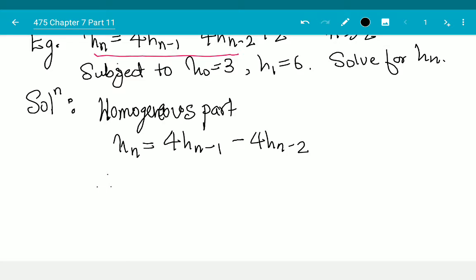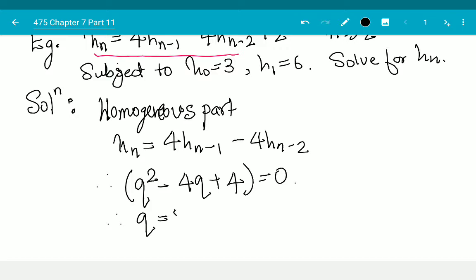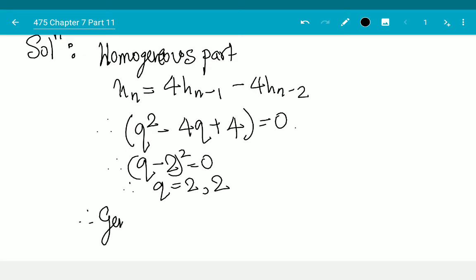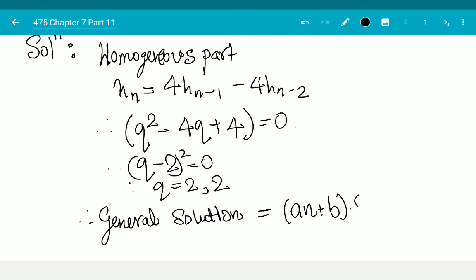Therefore the characteristic polynomial associated to it is q squared minus 4q plus 4 is equal to 0. Therefore q minus 2 squared is equal to 0, so q is equal to 2, 2, and my general solution is equal to (a plus b n) times 2 to the n.